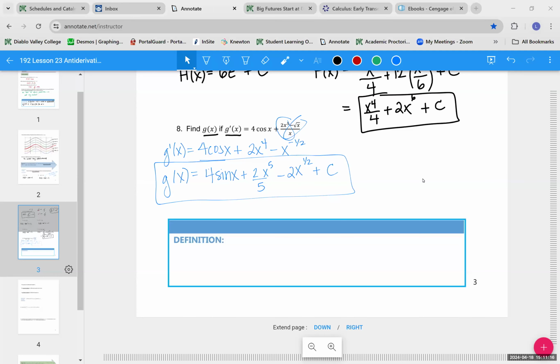Okay, picking up with the second half of our antiderivative lesson 23, we actually have another definition that we can write here, which is: an equation that contains a derivative of a function is called a differential equation.